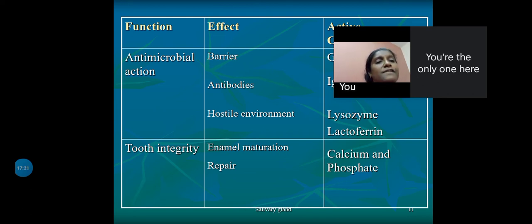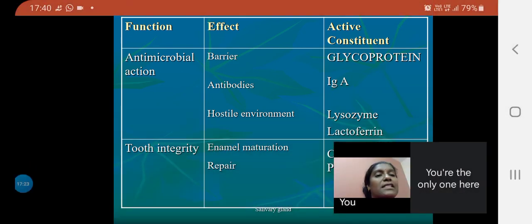First of all, it creates the physical barrier effect, just like I told you in the first part, right? So the waterproofing and the barrier effect there. The glycoprotein component of the saliva will create a physical barrier, creating a slippery surface for the microorganisms so that they do not attach themselves onto the oral mucosa.